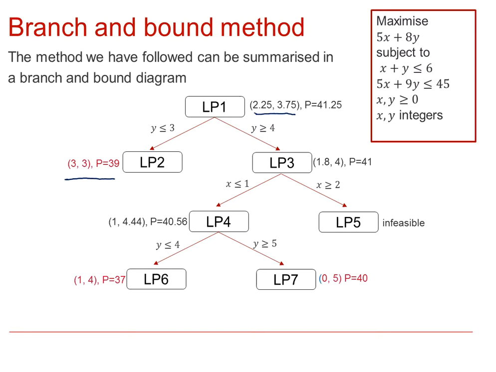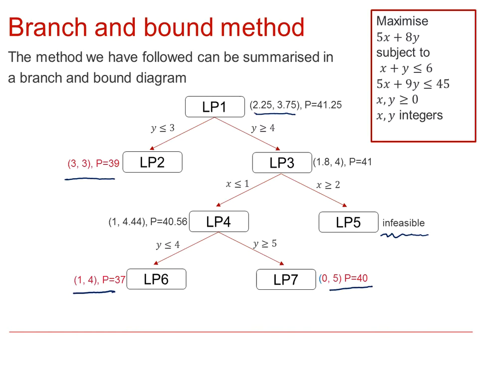We found that LP5 was infeasible, so we didn't continue that branch. However, LP4 we split again and then ended up with two more integer solutions. Note that branches stop when we get to an integer solution or an infeasible solution.